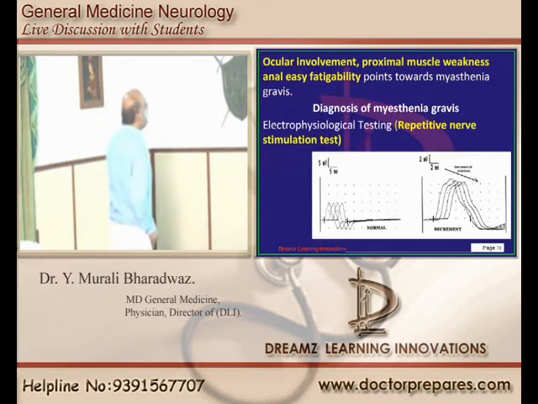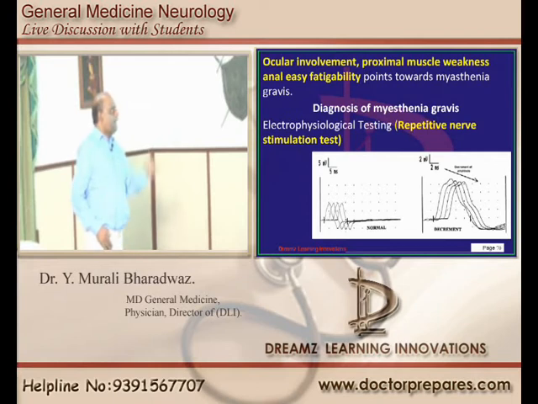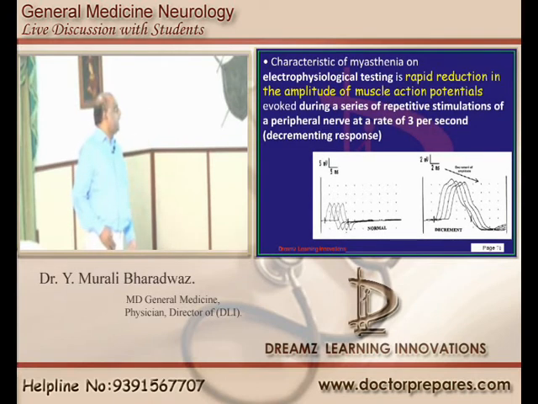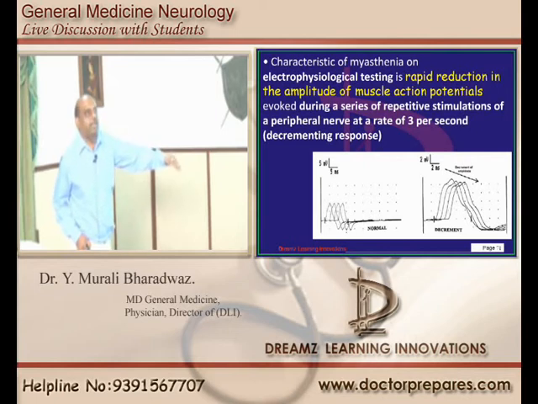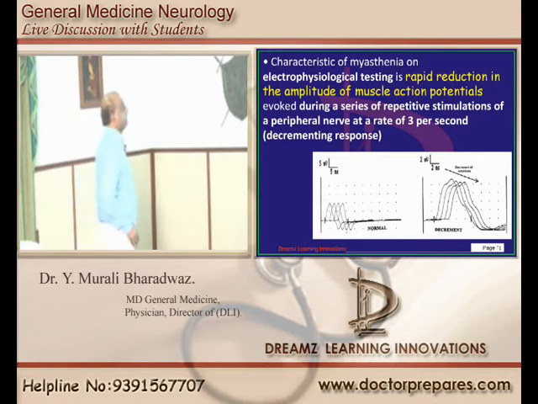So repetitive nerve stimulation, what will you do in this? You will be constantly stimulating at a rate of 3 per second and you will be looking at how the amplitude is. In normal muscle, the amplitude with every stimulation will be of the same level, but in a myasthenic muscle the amplitude of the muscle action potential will slowly come down, which is classical of myasthenia.